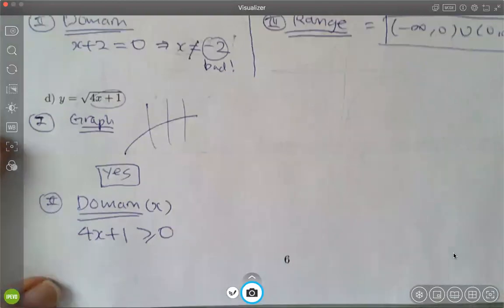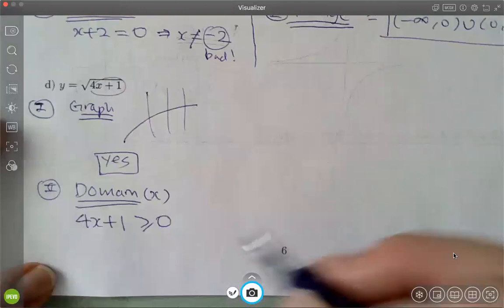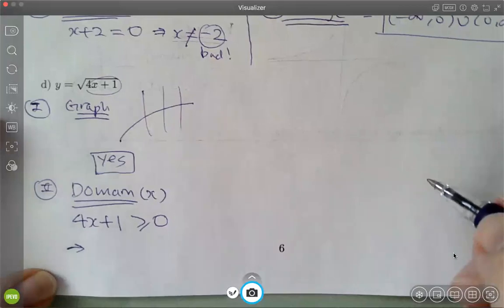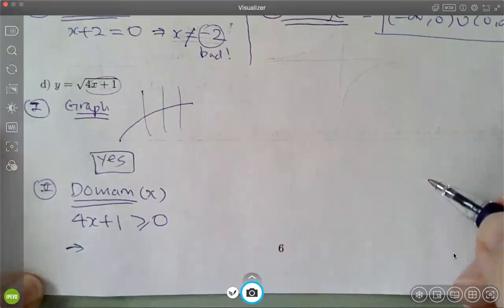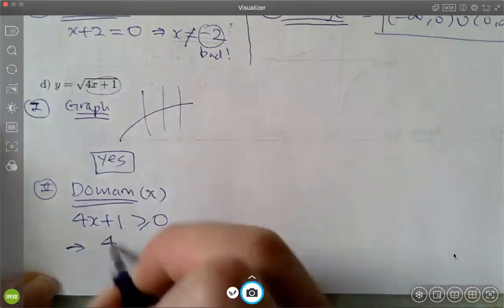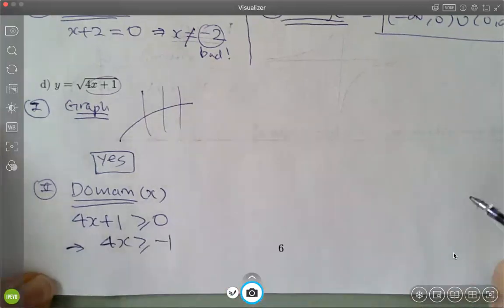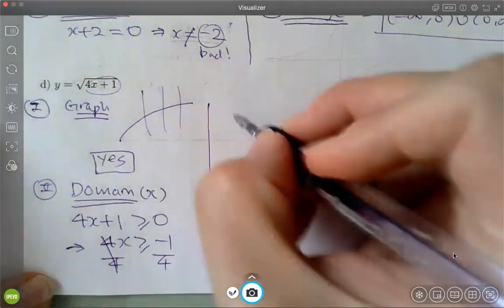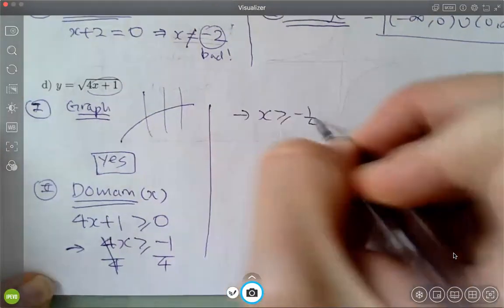Now, how do you solve for x? Subtract 1 and divide by 4. Do we change the sign? No. Subtracting does not result in a sign change, and even though we are dividing everything by 4, it does not result in a sign change either, because that number is positive.